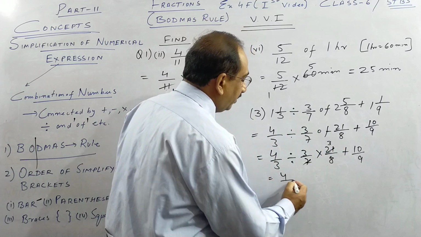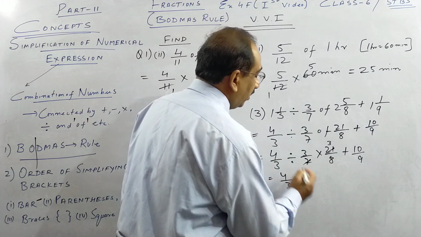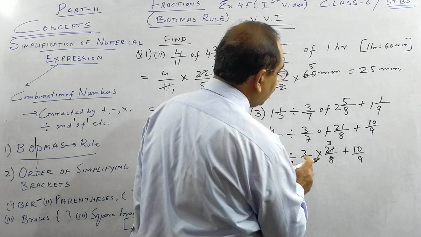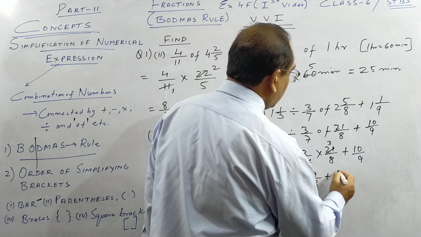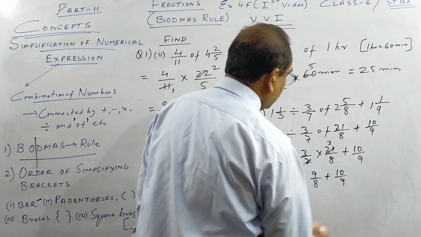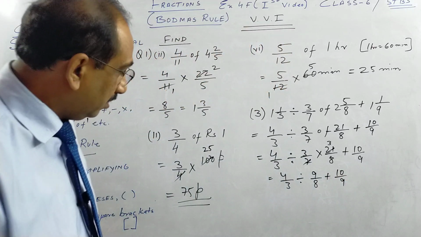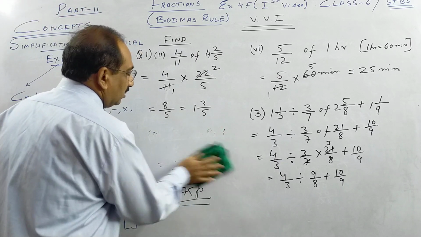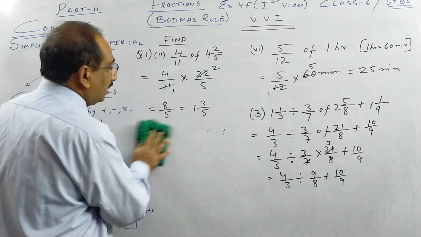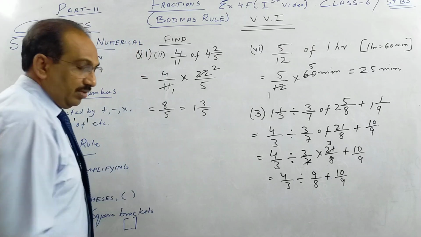So what we are left with is 4/3 divided by 3 3s are 9/8 plus 10/9. Okay, so please copy. I'll rub this so that you can see nicely how we solve.